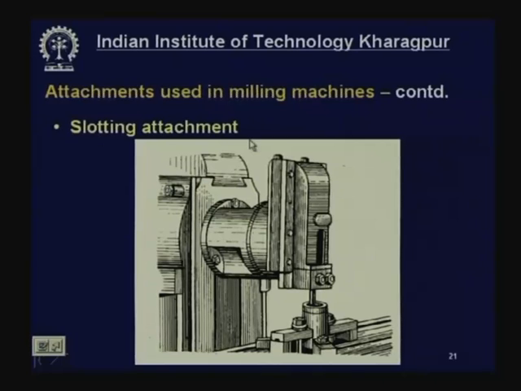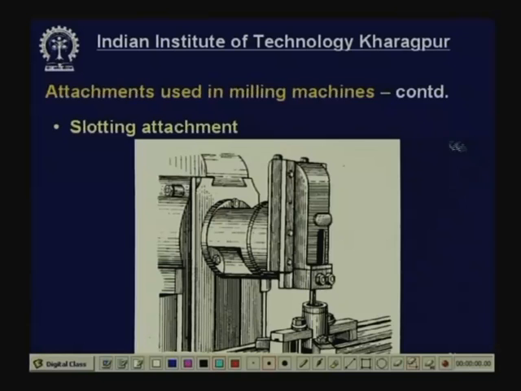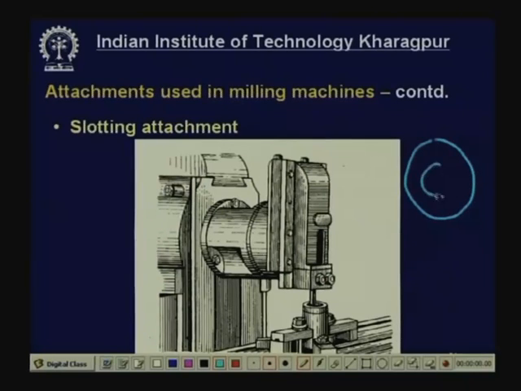Now, the slotting attachment. Can you believe that in a milling machine slots can be cut, say keyway slotting? Say there is a gear blank and a slot has to be cut, or if it is a spline then a number of slots have to be cut.